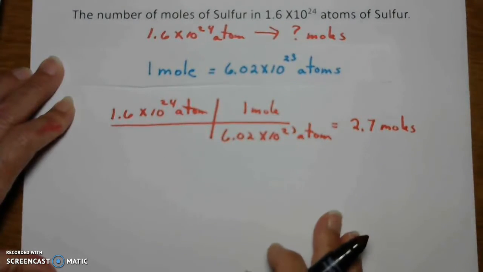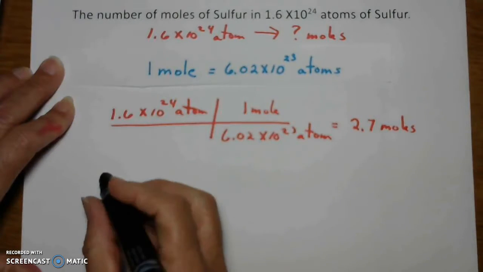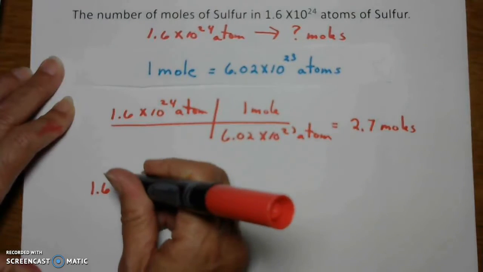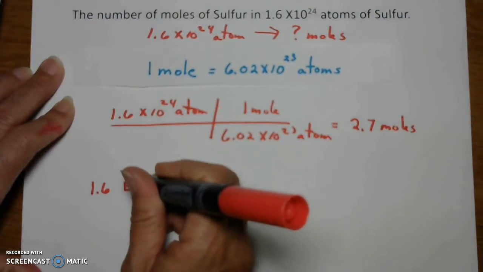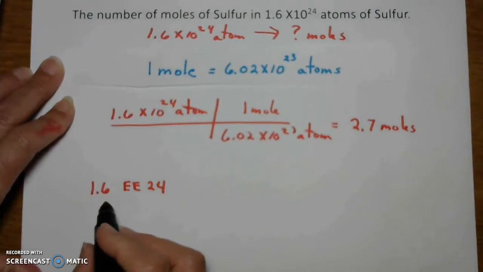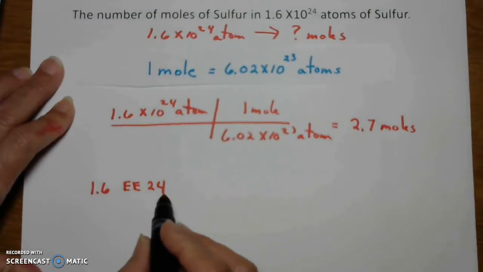I want to take just a minute here to talk about how I'm going to put this in a calculator. If I'm entering this in a calculator, I'll put the 1.6, then I'm going to hit the EE button and put in 24. That will tell my calculator 1.6 times 10 to the 24th.